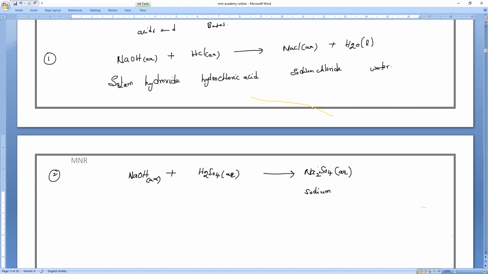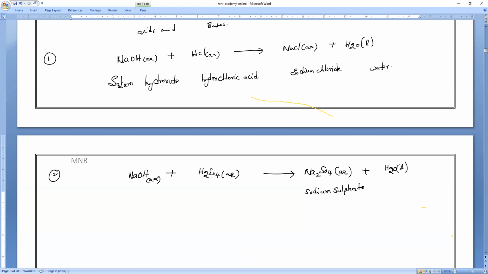Base. First part of the name is taken from base. Second part is taken from where? Acid. So SO4 means what? It's a polyatomic ion. What is the name of it? Sulfate or sulfite or sulfide? Sulfate. Plus, what is the other product? H2O. So it's not balanced now.